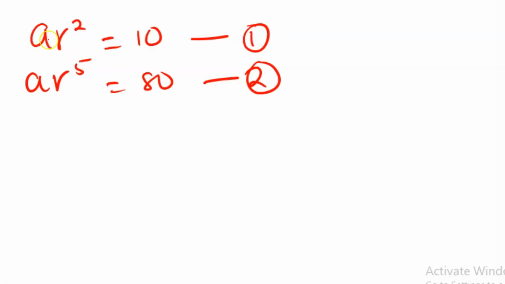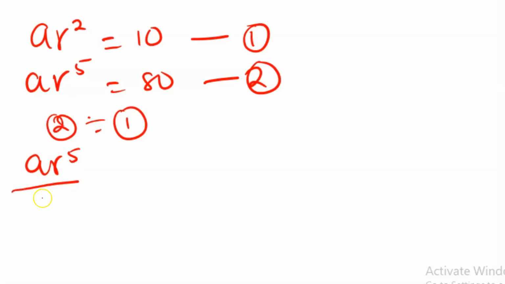We want to find a and then r. So let's divide equation 2 by equation 1. So we have ar^5 over ar^2, which is equal to 80 over 10. Now you do the same thing on the right hand side.